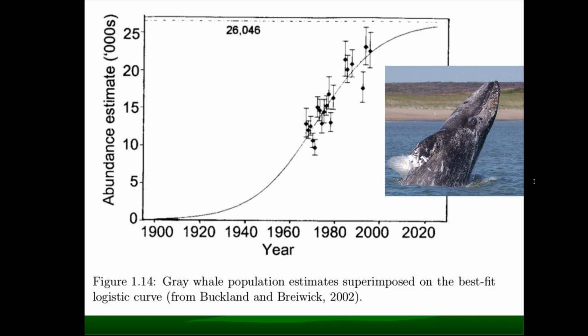It's not known with certainty what the density dependent factors are limiting the gray whale population to this carrying capacity. It could be the feeding grounds, food resources in the northern Arctic region, or it could be habitat for calving in the winter time down in Mexico.